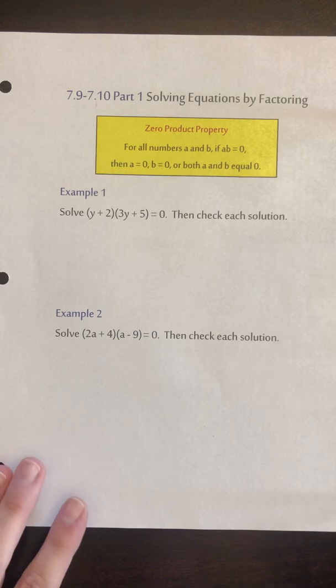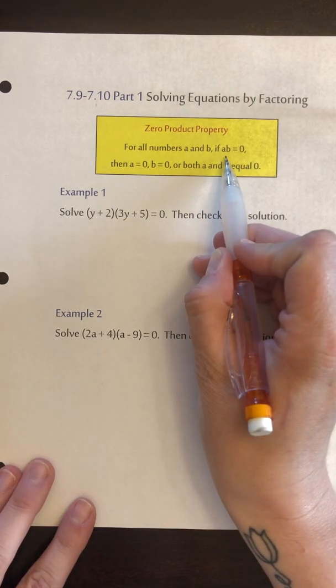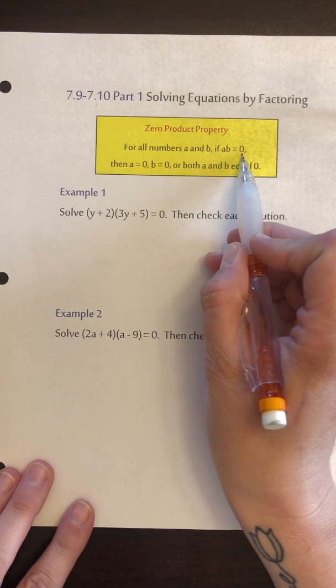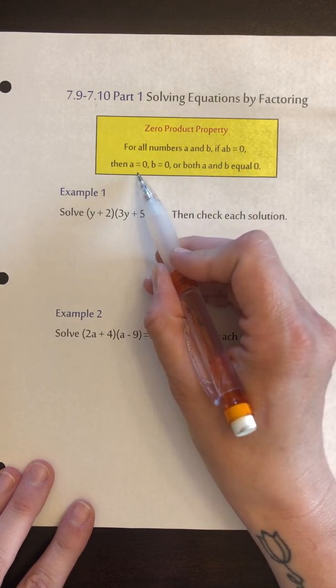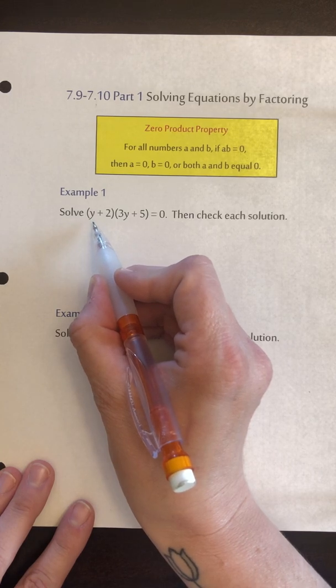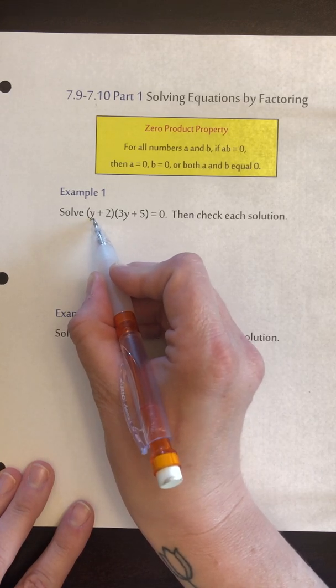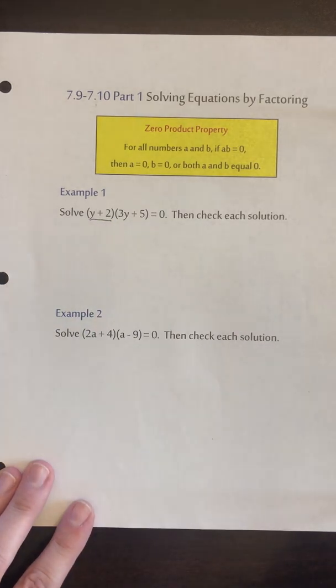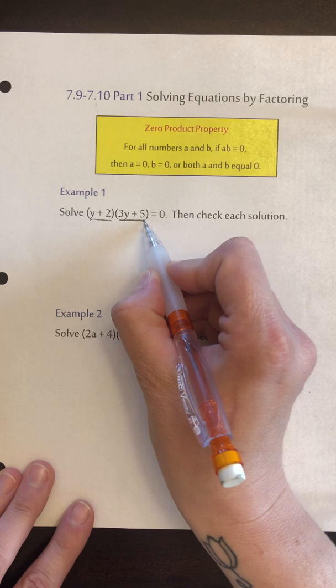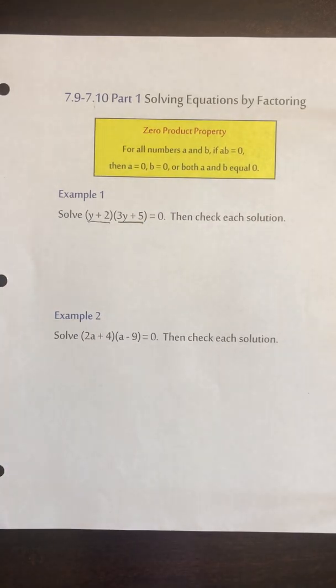So the solving part goes to what we just learned, which says if a times b equals 0, then a could be 0 or b could be 0. So let's identify the factors for this problem. In our first set of parentheses, we have y plus 2. That's a factor. In the second set of parentheses, we have 3y plus 5. That's another factor.